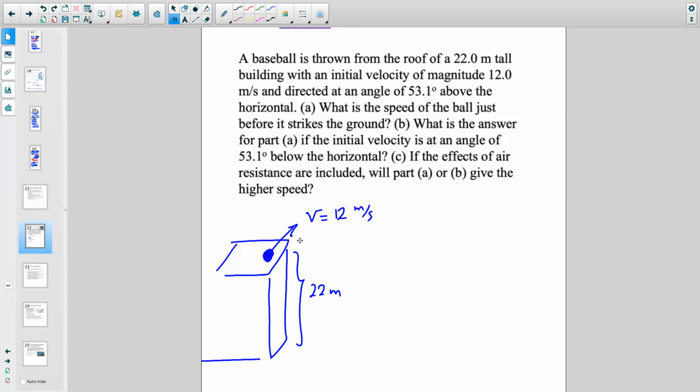Now you have an initial angle here, okay? So this initial angle is 53.1 degrees, all right, above the horizontal. What is the speed of the ball just before it strikes the ground? So it will follow a projectile type of path, and then it will hit the ground somewhere down here. We want to know the speed of the ball at this final point, or V final. We want to know what it is, okay?